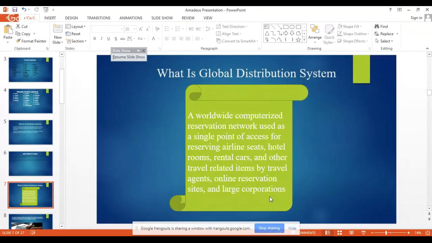Now let's look at the global distribution system. What is a global distribution system? It is a worldwide computerized reservation network used as a single point of access for reserving airline seats, hotel rooms, rental cars, and other travel-related items by travel agents, online reservation sites, and large corporations.